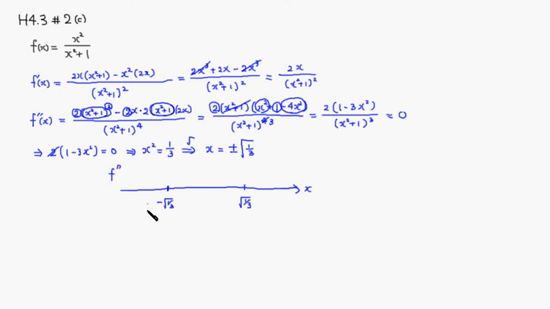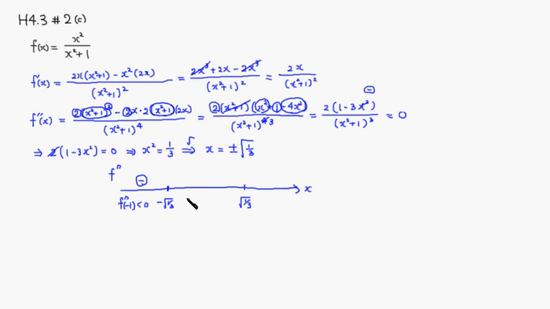For something smaller than negative square root of 1/3, we'll try negative 1. Plugging in negative 1, it's negative on top, and the bottom is always positive, so it's negative here.